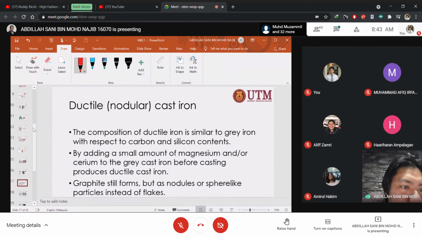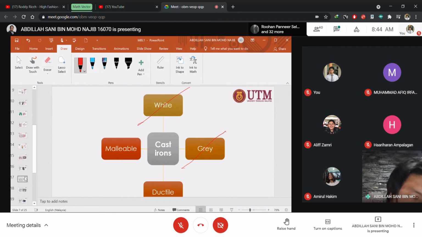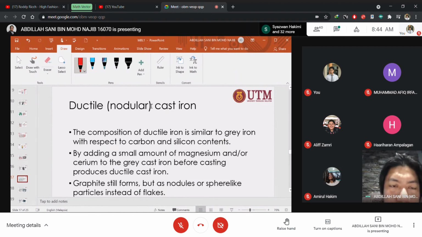Next, just now we have covered the white cast iron and grey cast iron. Now we take a look at ductile cast iron. Ductile or nodular?